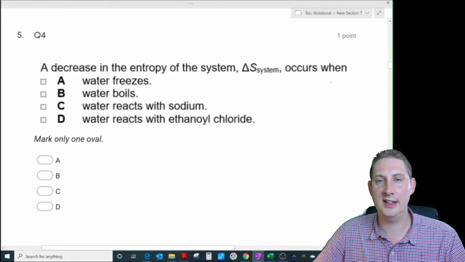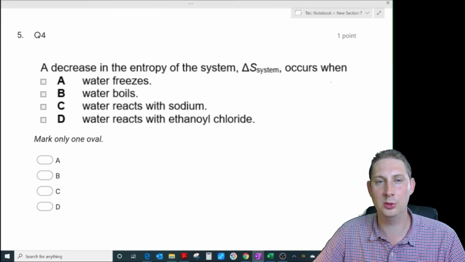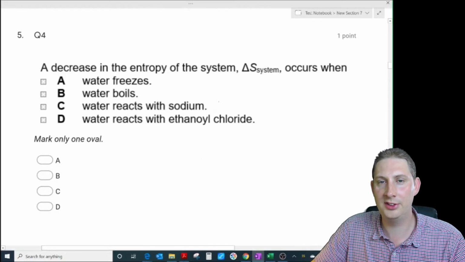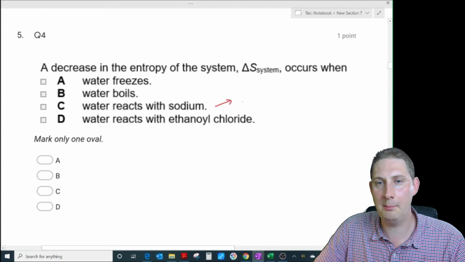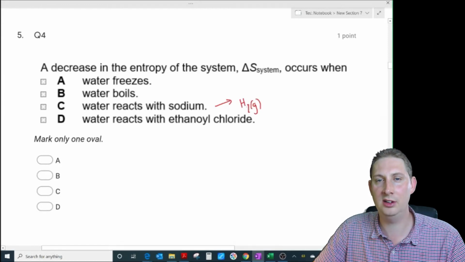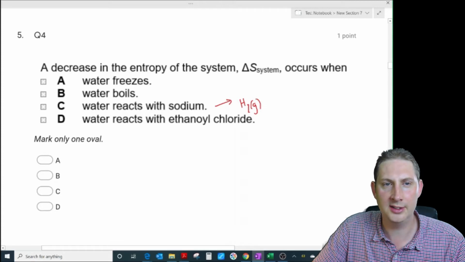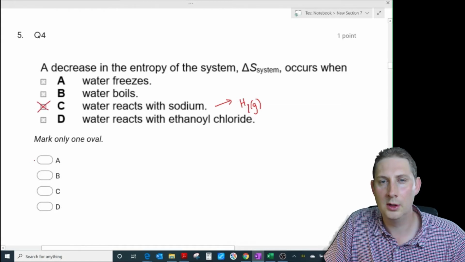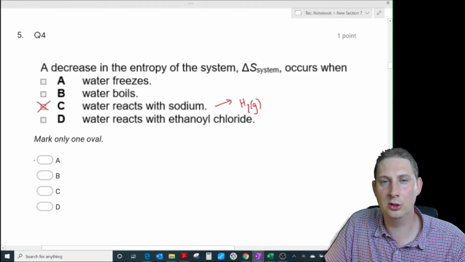A decrease in entropy of the system occurs when? Is it when water freezes, water boils, water reacts with sodium, or water reacts with ethanoyl chloride? Well, water reacting with sodium, we know that that makes hydrogen gas, so that would be a massive increase in entropy of the system, so it's definitely not that one, so it's not C. Water reacts with ethanoyl chloride.